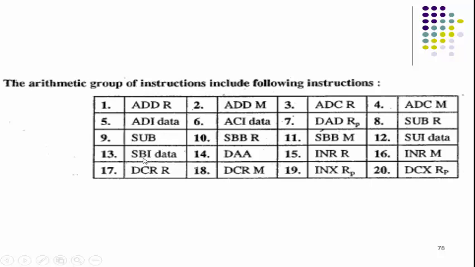SBI indicates subtract from accumulator content the carry flag bit and immediate data. DAA, that is decimal adjust accumulator, converts the given hex number available in the accumulator to its equivalent decimal number.